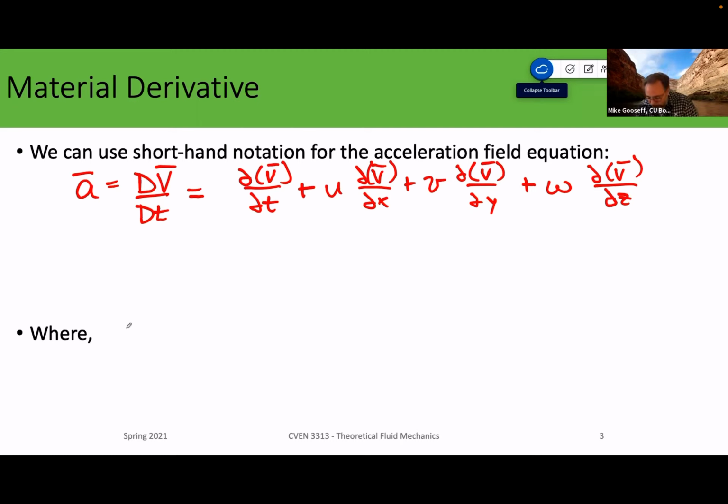And so we use this term here, this D of whatever. It could be velocity, it could be mass, it could be temperature. This is what we call the material derivative.